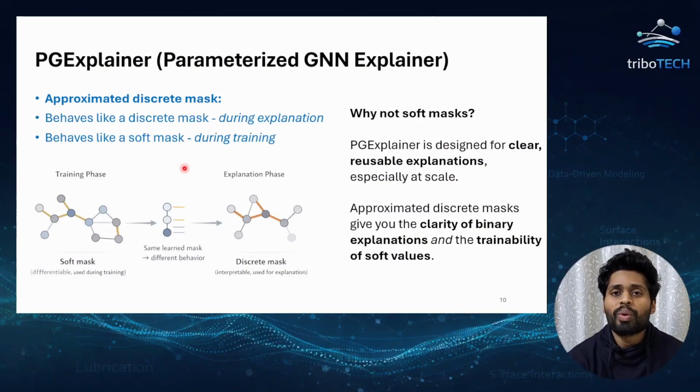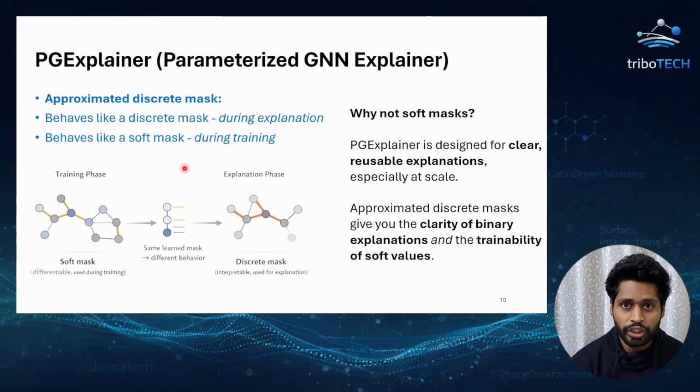Now you may be wondering, what are approximated discrete masks? They are very special masks. You can say best of both worlds. They behave like a discrete mask during explanation. During explanation, they say that this edge is important or this edge is not important.